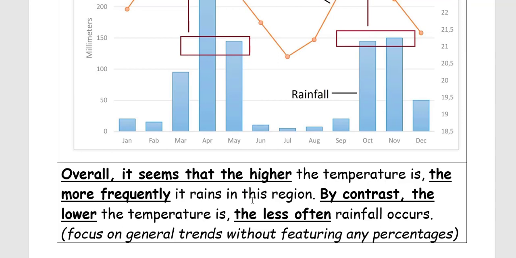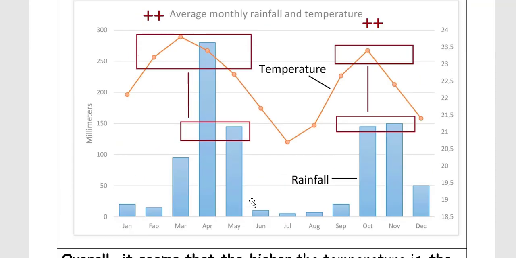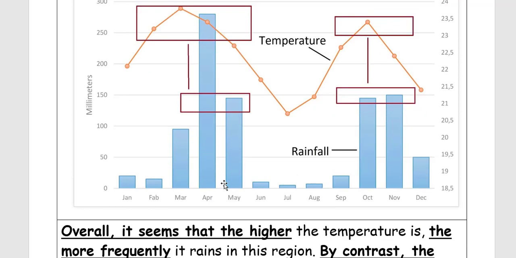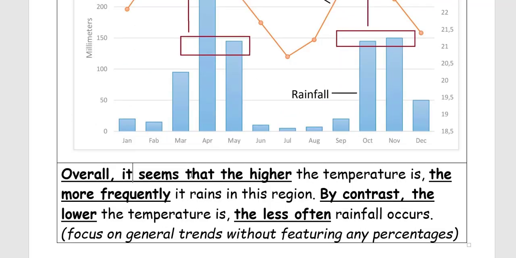Now let's move on. In the next paragraph, we need to describe a general picture without focusing on the precise percentages, numbers, and figures. Overall, it seems that, okay, so basically it seems that basically means you have already analyzed and you're trying to draw a relevant conclusion. So the higher the temperature is, the more frequently it rains in the region.